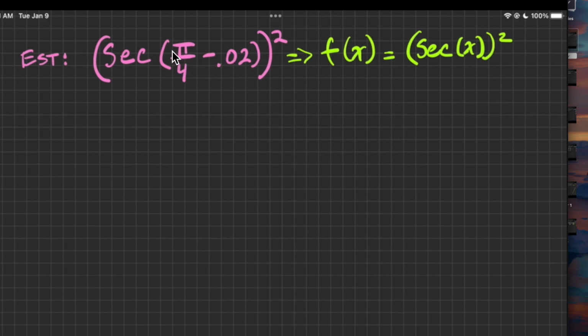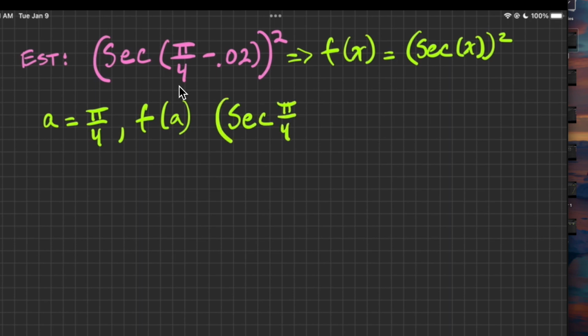So instead of what they presented to us here, our a value is simply going to be pi over 4. We're going to find the f of a value first and begin to build our L of x equation. So if we have the secant of pi over 4 squared, let's see where that takes us.